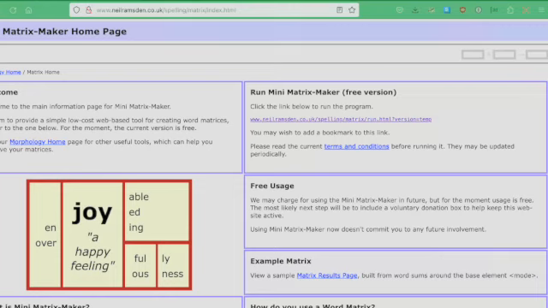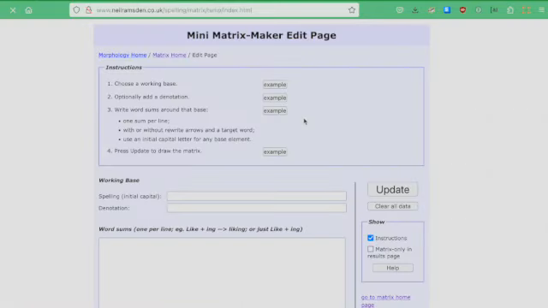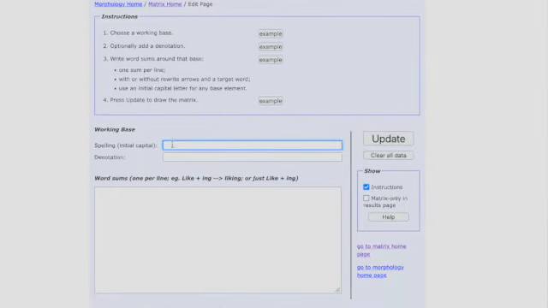If we go to the mini matrix maker here through Neil Ramsden, this is one way we can organize our morphemes into a matrix, and you simply type in the base, which you need to know how to find. So starting with a free base would probably be the easiest way to go.